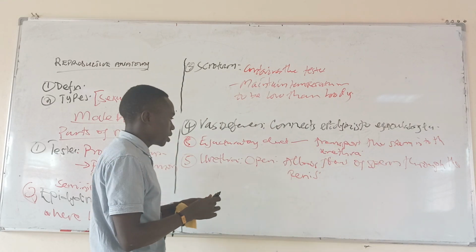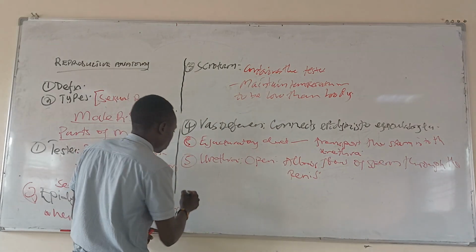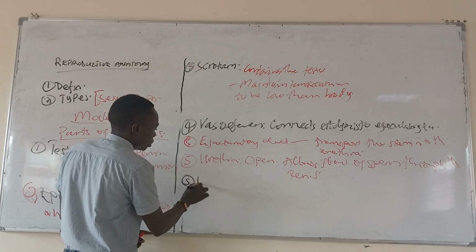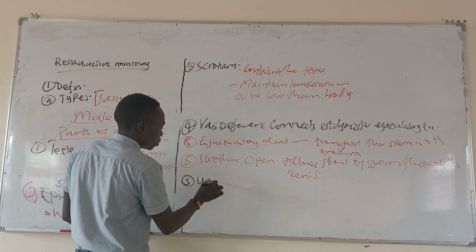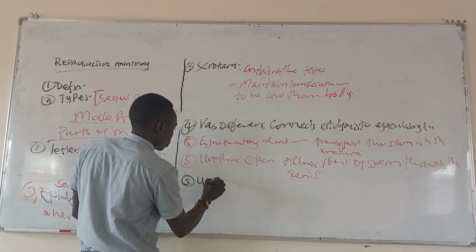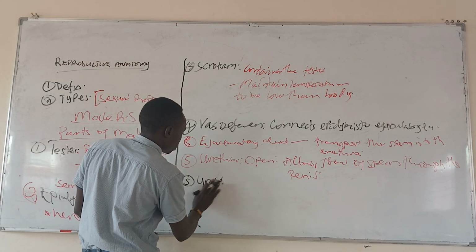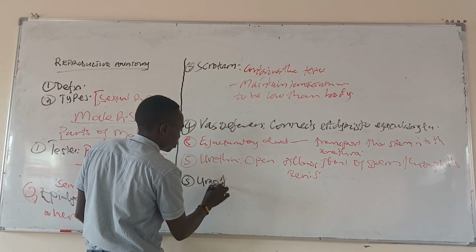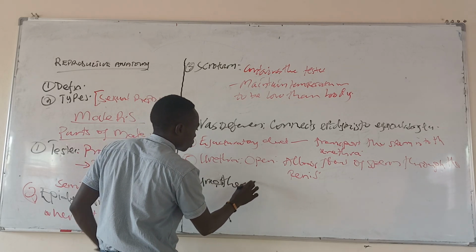Other than that, we also have some accessory structures. One is the urethral gland.